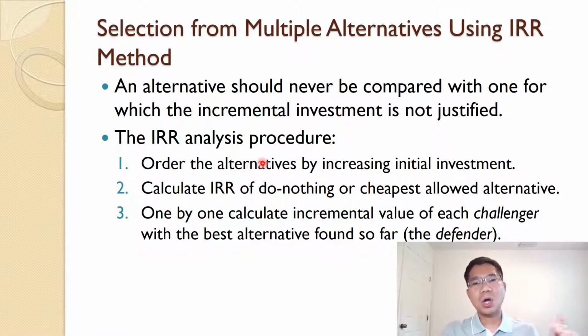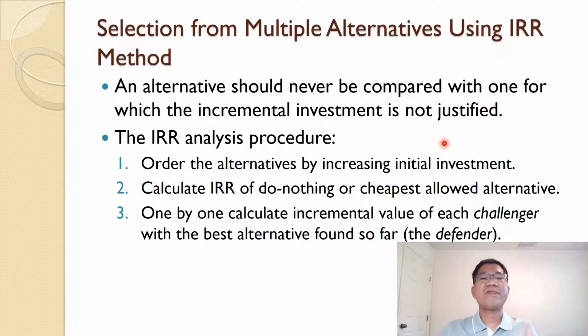First, order alternatives by increasing initial investment, similar to ranking the different fighters in UFC or boxing, as I showed you in the previous lesson videos. This one is the same, order of alternatives. Then we calculate the IRR of do nothing or the cheapest allowed alternative. So find the first defender basically for number 2.